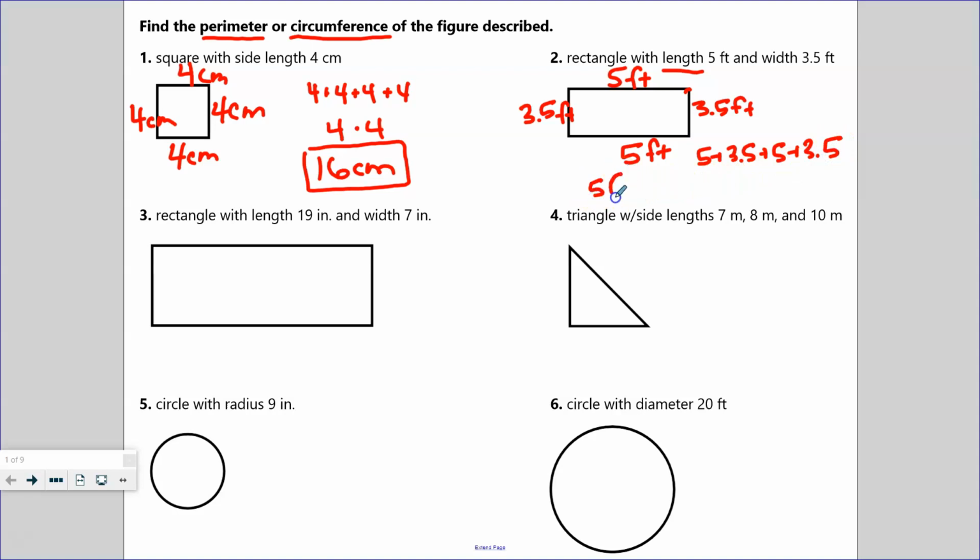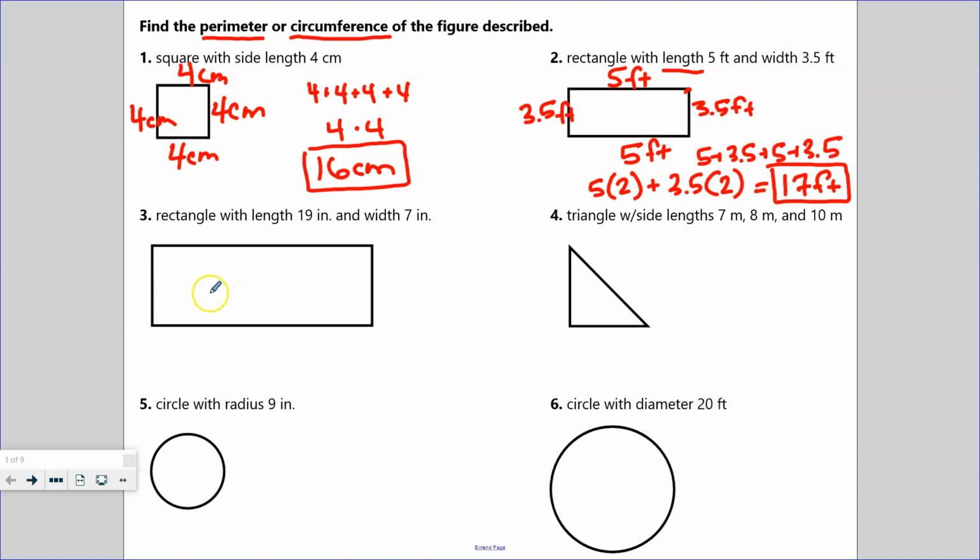Or 5 times 2 plus 3.5 times 2. Okay, so we have 10 plus 7, right? So we end up with 17 feet.